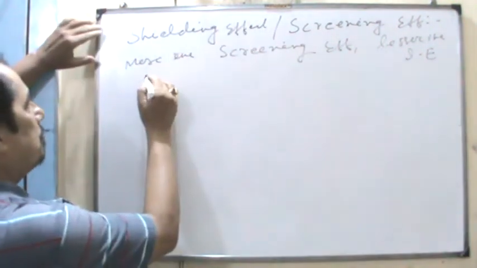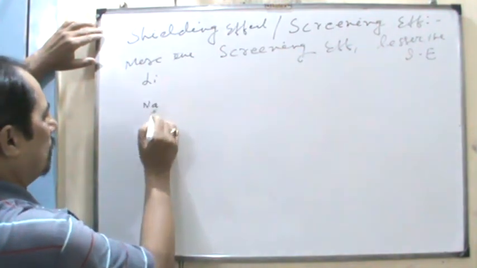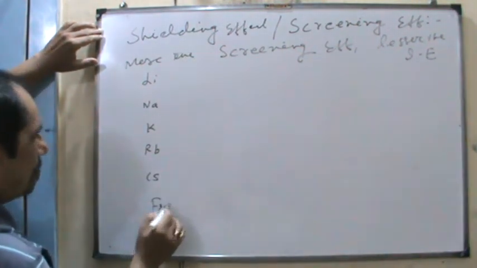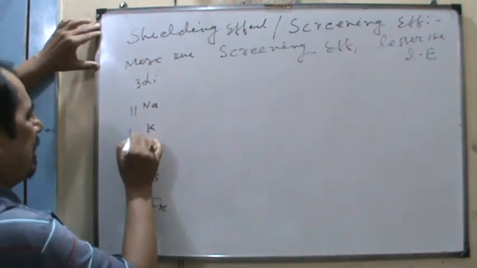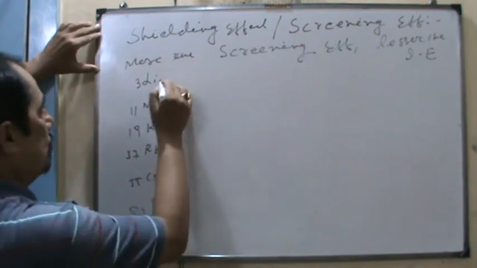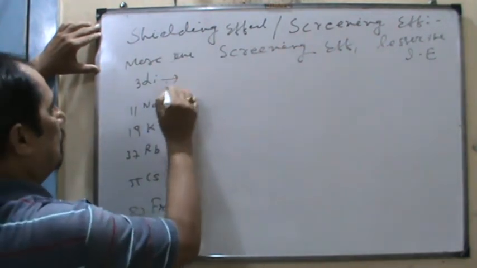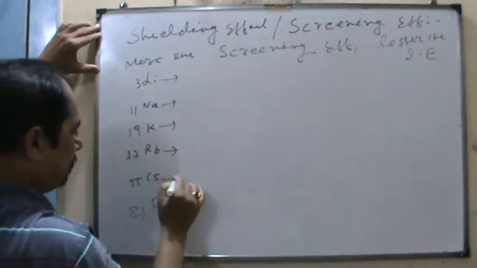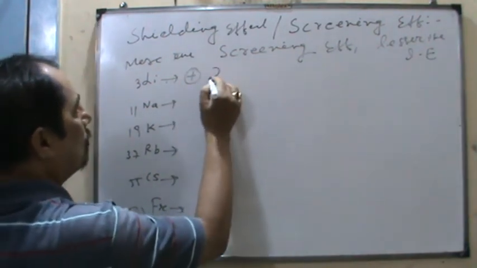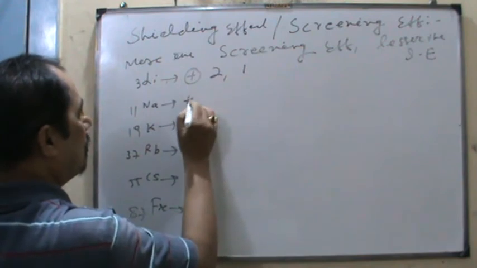If I say lithium, sodium, potassium, rubidium, cesium and francium, 3, 11, 19, 37, 55 and 87. Dear students, it is the nucleus, positive charge, and then the configuration is 2 and 1.